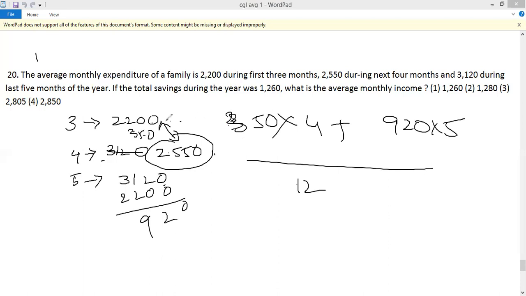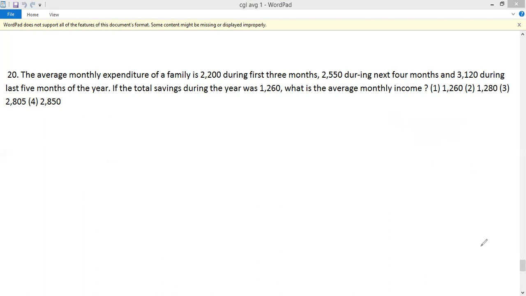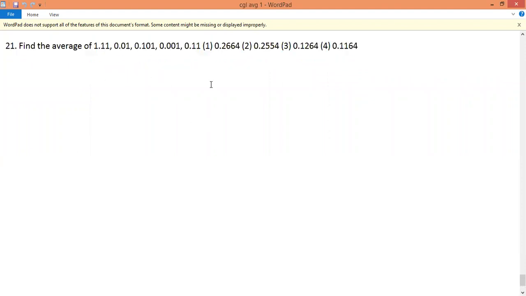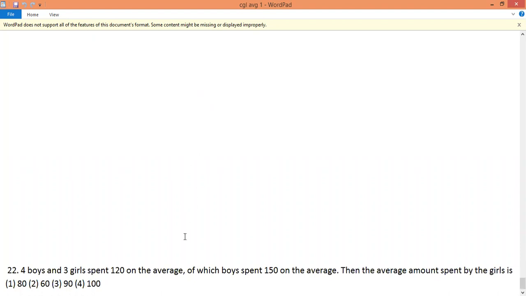Calculate this and add to 2200, you will get the answer. Next, the average of these numbers is just the sum divided by the number of items. So no problem. Next, do here.